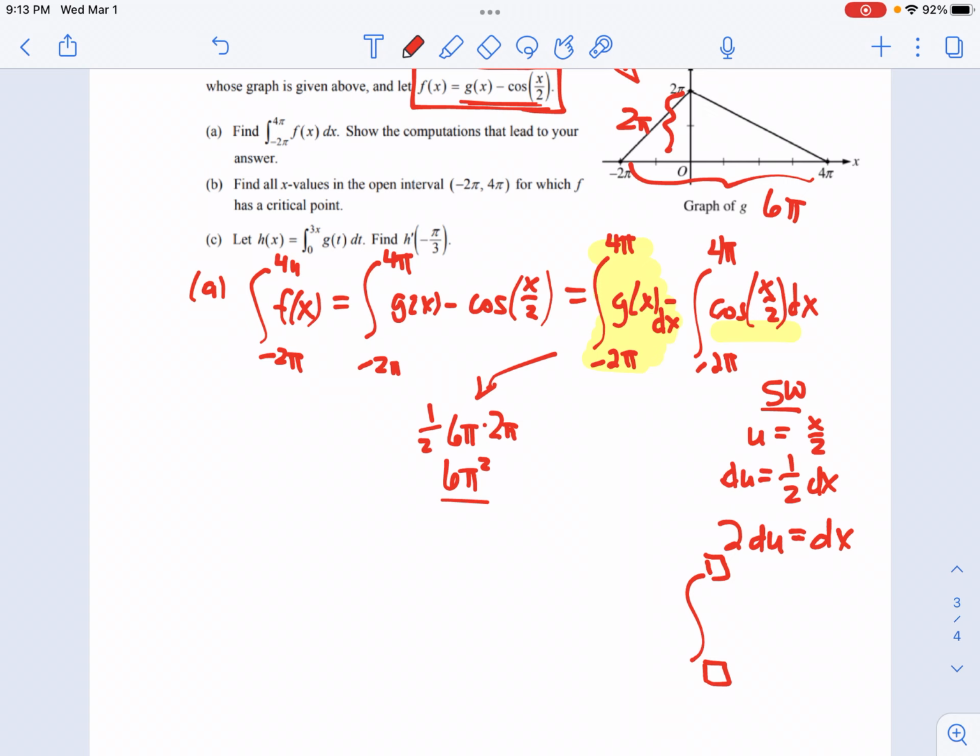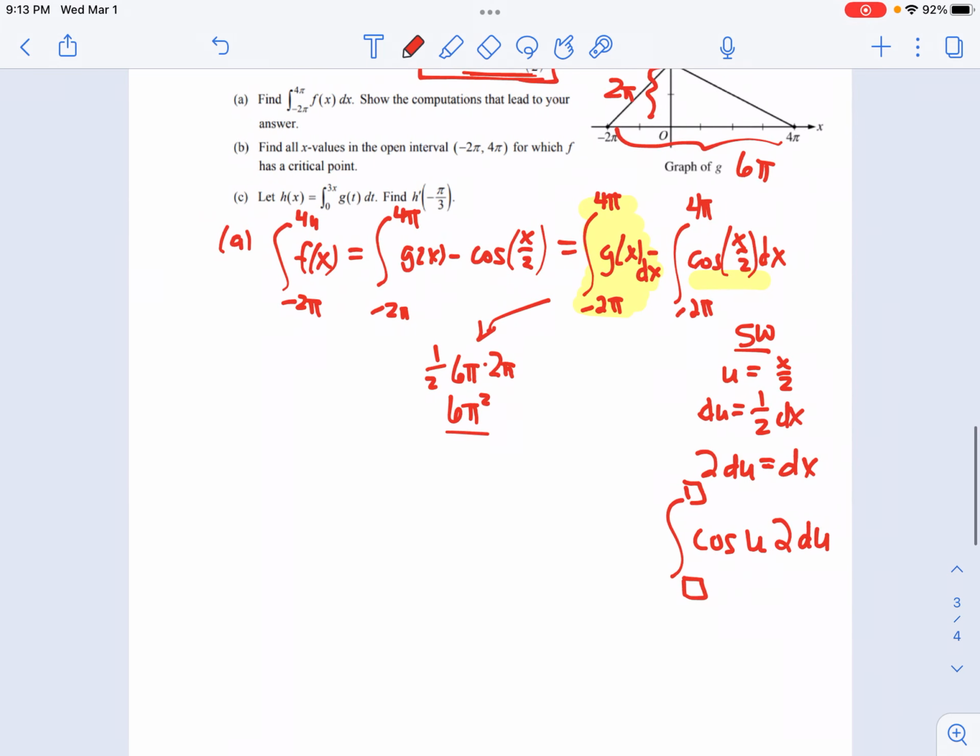That's going to be the integral of cosine of u times 2 du. I'm going to bring that 2 out. There's a minus sign here, and it's cosine u du.